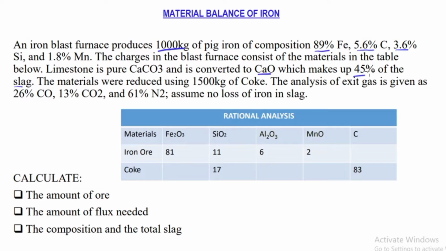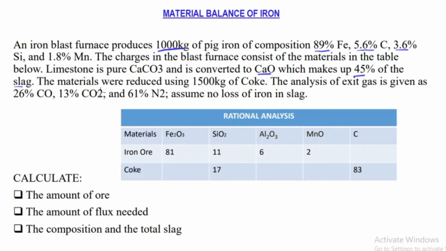This means that the total percent of the slag will be 55% other material, and 45% of the slag will be the calcium oxide. Let's see what we do.